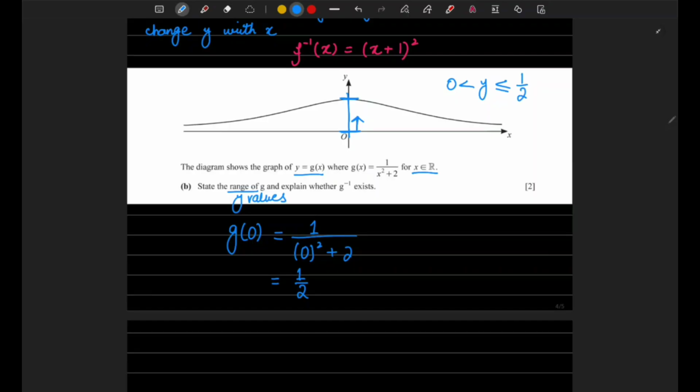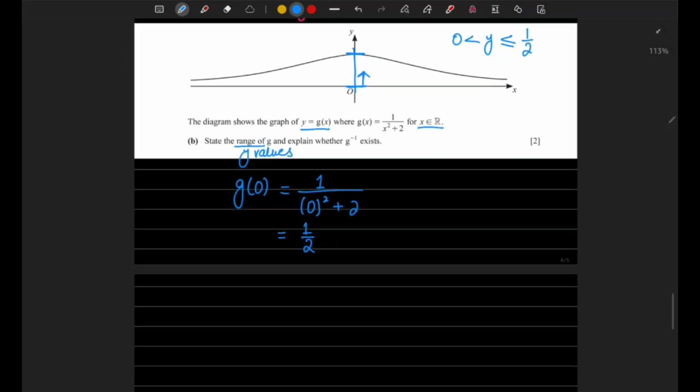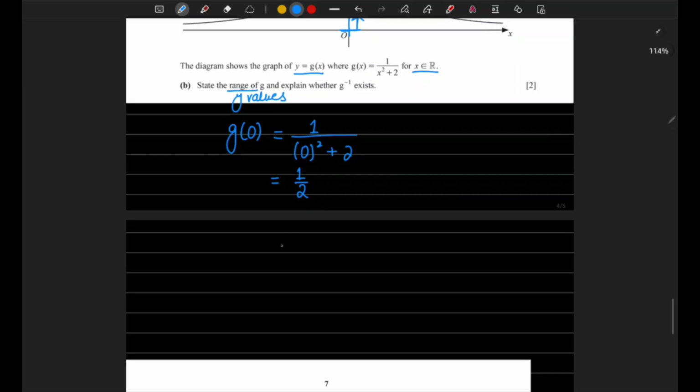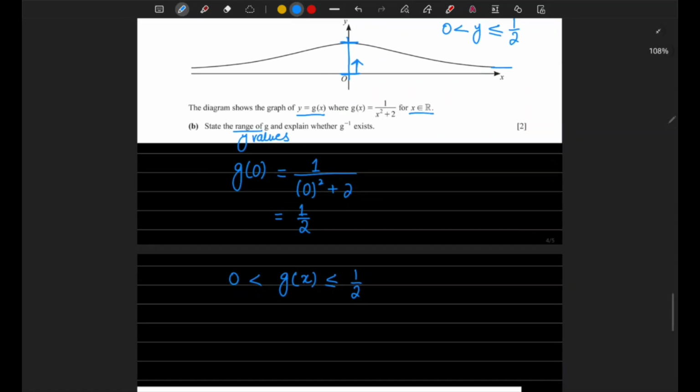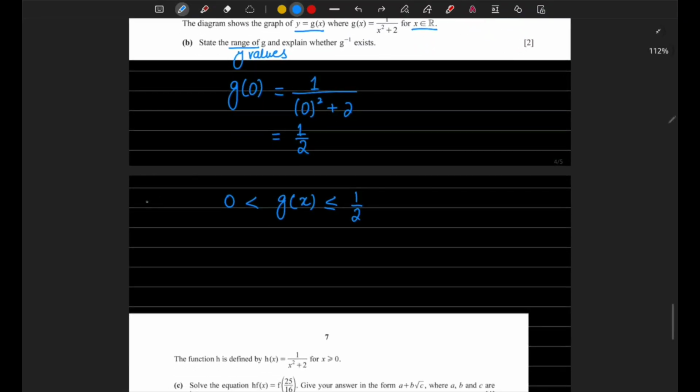It is always better to write the range in terms of the function: g of x is less than or equal to 1 over 2 and greater than 0. We are not saying greater than or equal to 0 because it never coincides with 0. It's always greater than 0. So this is your required range.